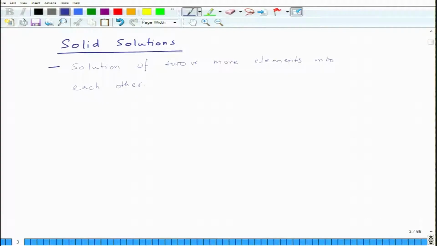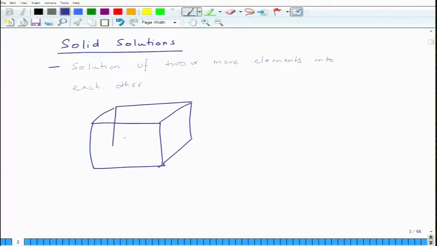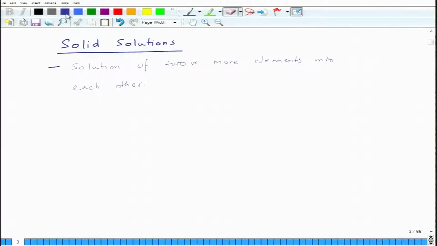So what does it mean? You have a lattice of some structure, let us say some element, or let me just first draw the 2D diagram without getting into 3D.